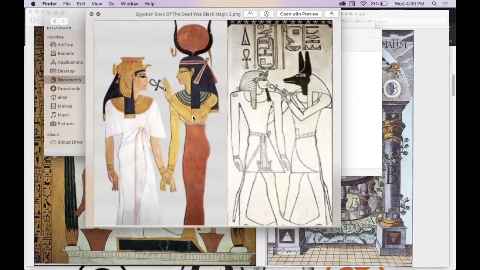And this looks like a woman is initiating this other woman, and this is quite possibly an Asian person who is telling them that they are now worthy of the magic of death, as this ankh is being presented to their face. And this symbol right here of the horns is symbolic of Taurus, the bull. Taurus, the bull, is an earth symbol. It is all things of earth and of material plane.